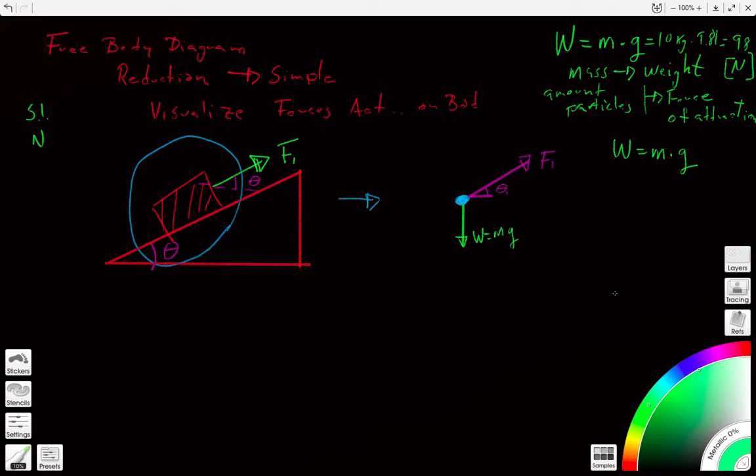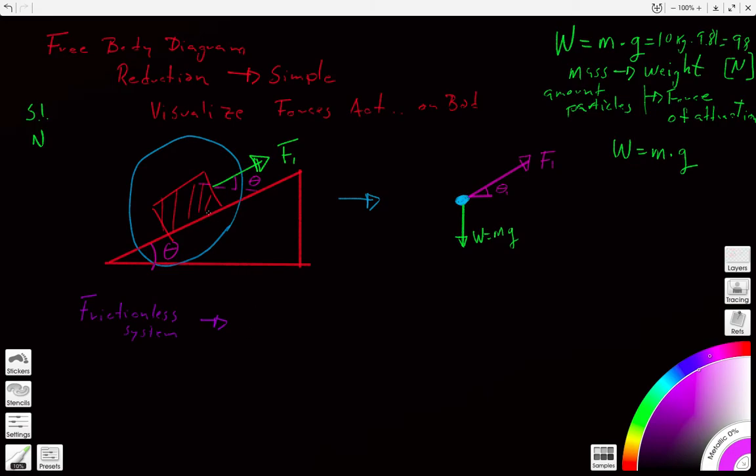If this is a frictionless system, that means there is no friction, and this box glides along the surface. Let's remember what friction is.